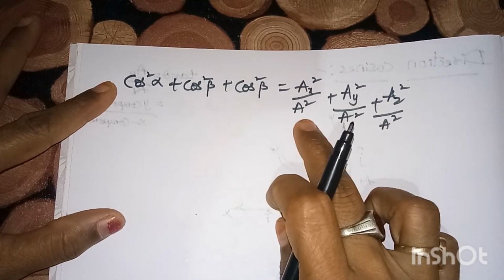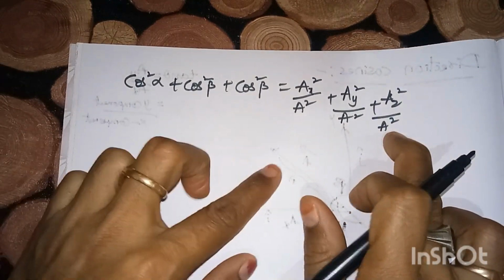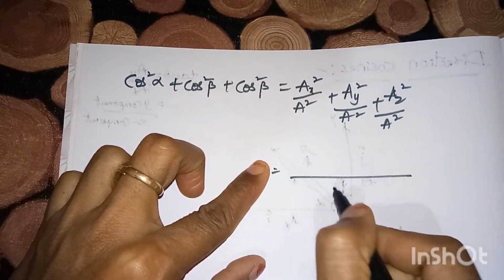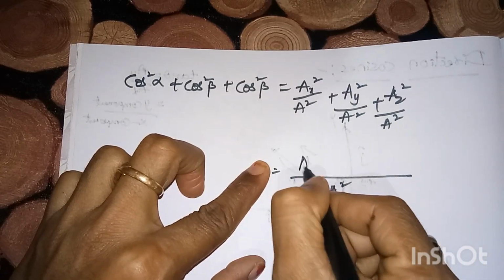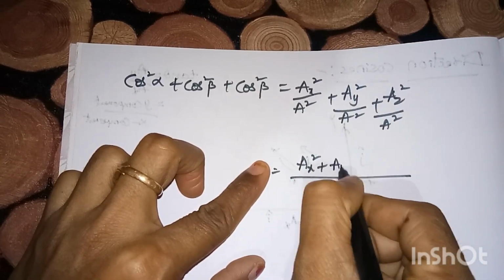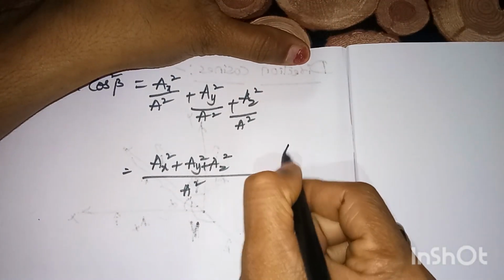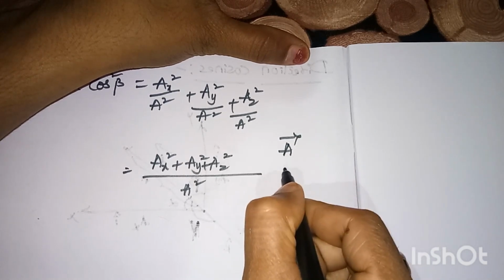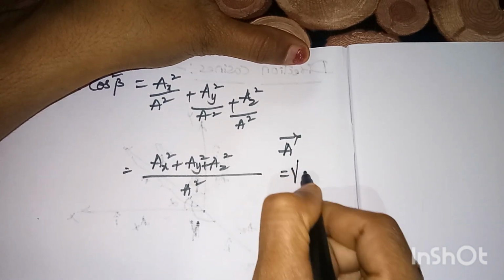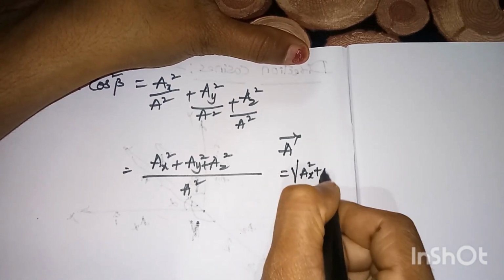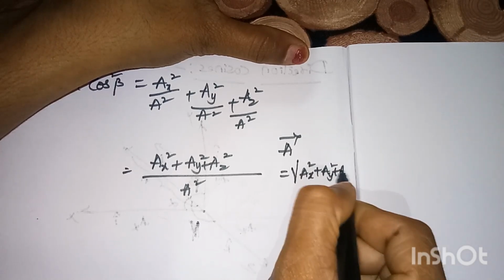Here you can observe that the denominators are common. So take the LCM a square, that is ax square plus ay square plus az square. So you know how you can calculate the magnitude of a bar vector. You can find the magnitude as under root ax square plus ay square plus az square.